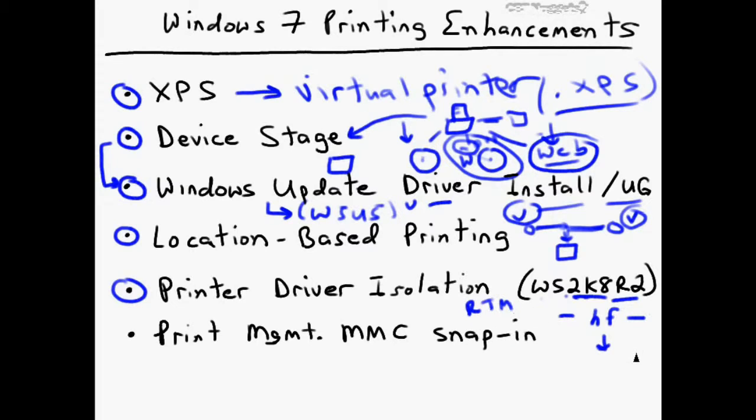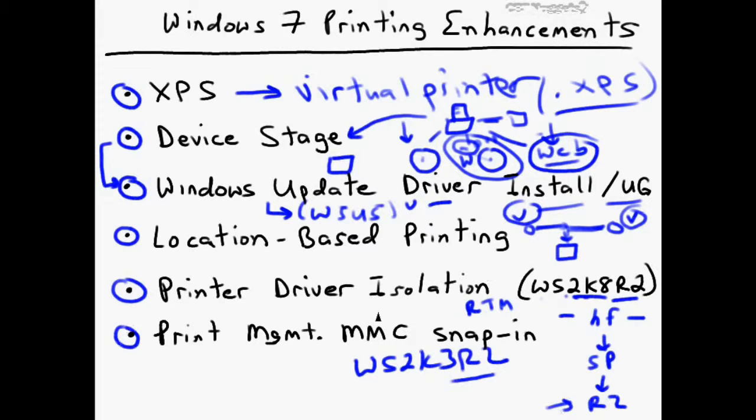Normally, they add a few features in, and they call that a service pack. At an even more meta level, Microsoft can take not only service packs and integrate them with the product, but then eventually, if enough new functionality and technology comes along, they'll issue a separate release of the software. They started this with Windows Server 2003. In fact, to our point, the print management Microsoft Management Console snap-in was introduced originally with Windows Server 2003 R2.